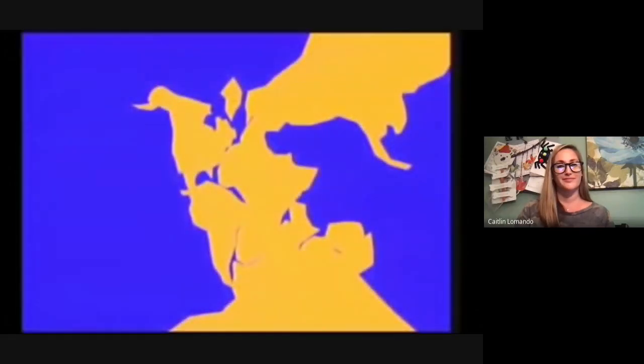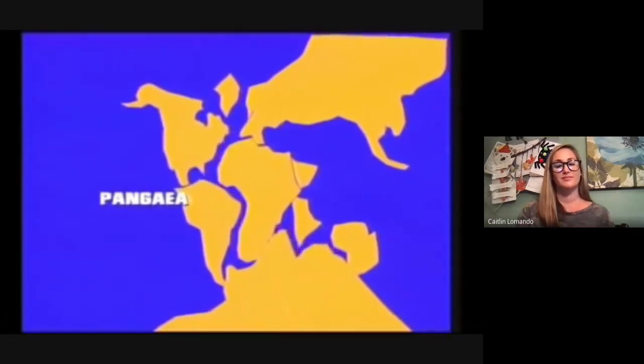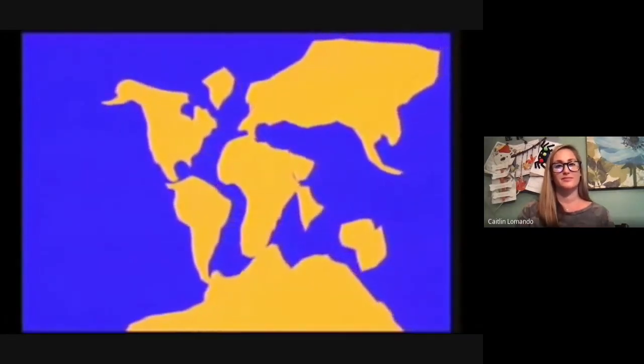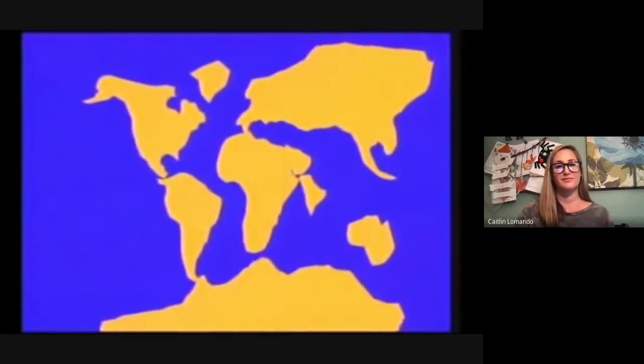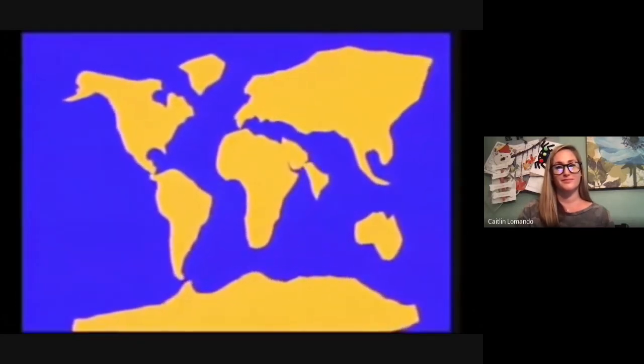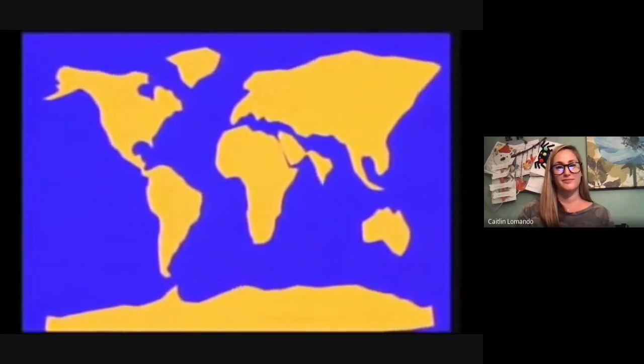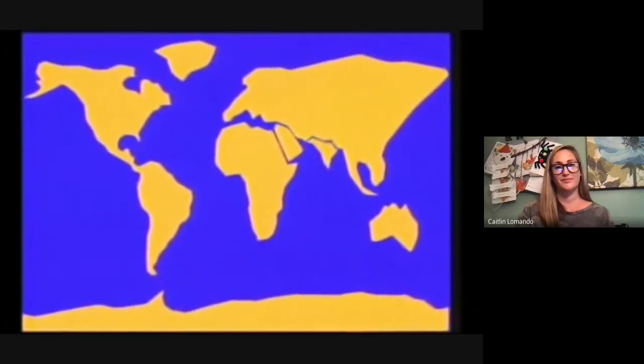Millions of years ago, the Earth looked something like this, every continent in a different position. They were so close together, they formed a single supercontinent called Pangea. But even then, the continents were moving a few inches a year and kept moving until they reached their present-day positions. The theory that continents move is called continental drift.